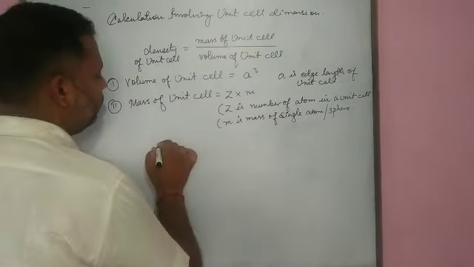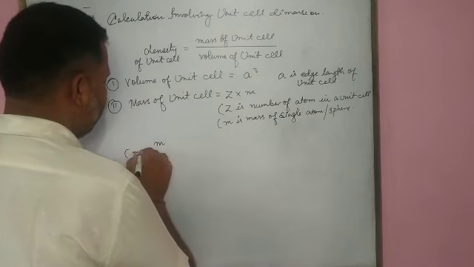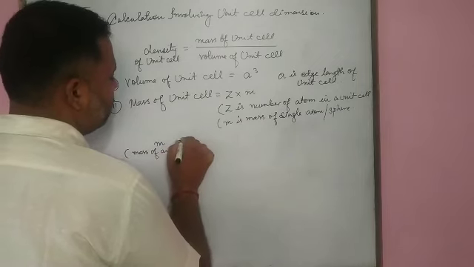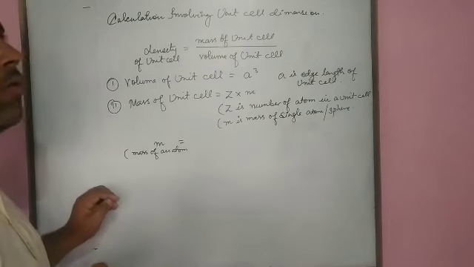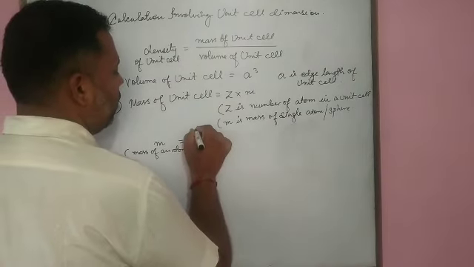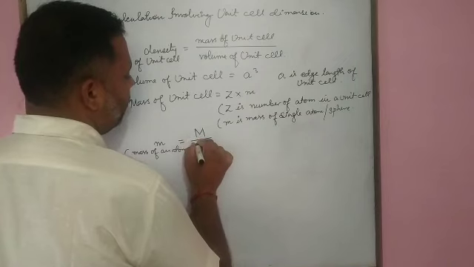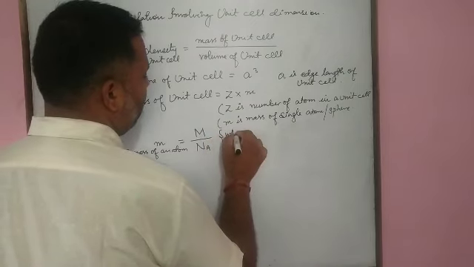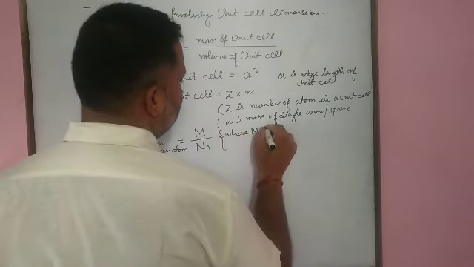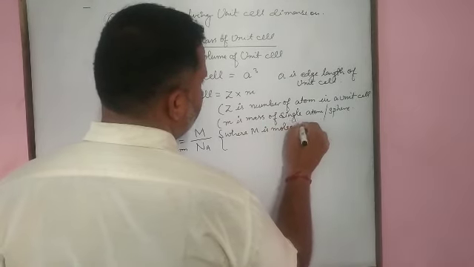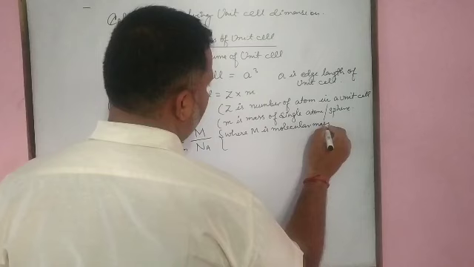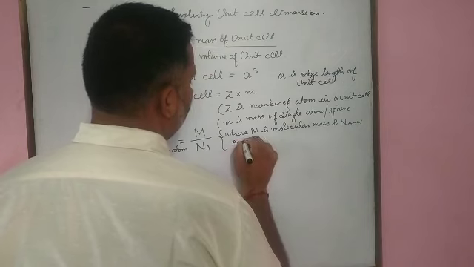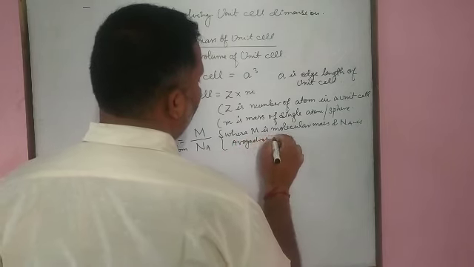We know M, which is the mass of an atom, is equal to the molecular mass, capital M, by Avogadro number, Na, where M is the molecular mass and Na is Avogadro's number.